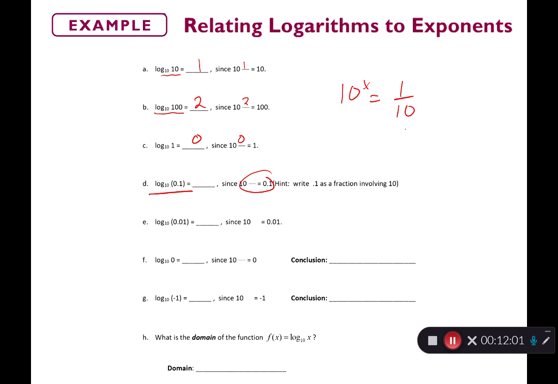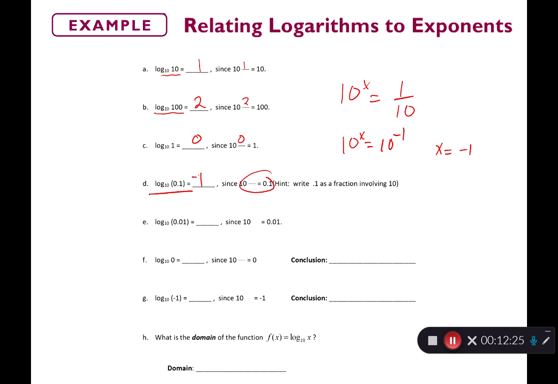So I'm going to rewrite it as a fraction. It should help me out. Now, if I want to take that right side and rewrite it with the 10 in my numerator, I would write 10 to the x equals 10 to the negative 1. And in this case, what would x equal? x would equal negative 1. So that would be our answer.